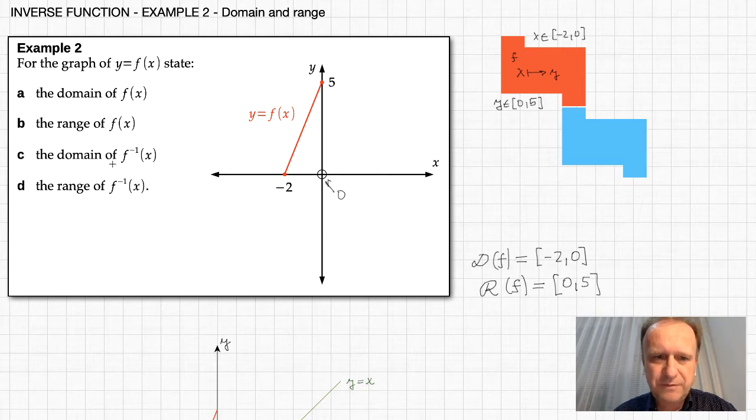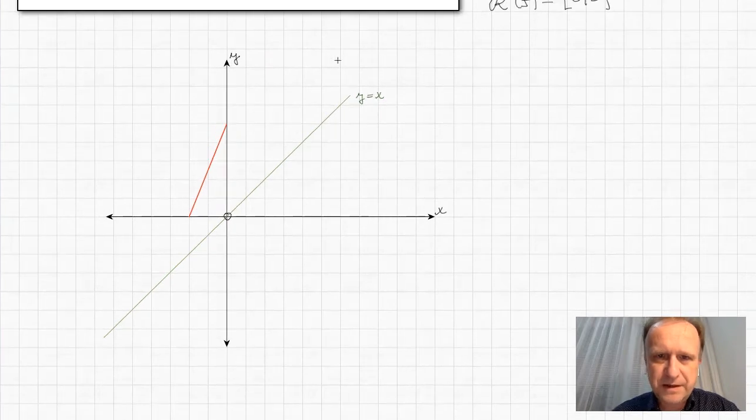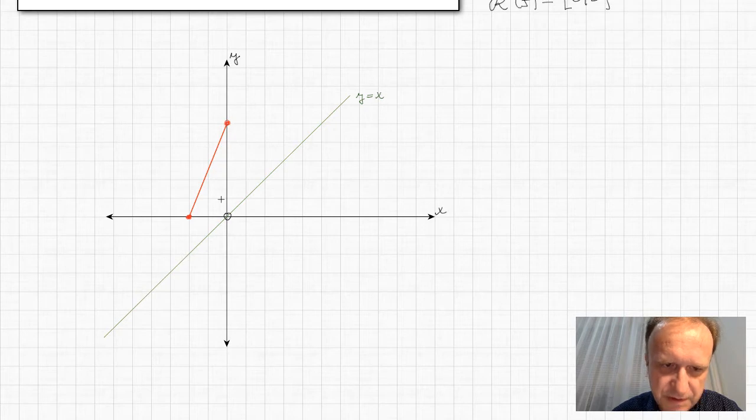So first let us try to construct it here in this graph. What I add first is this closed circle in this position and in that one. This circle represents the point with coordinates -2 and 0, and that circle represents a point with coordinates 0 and 5.